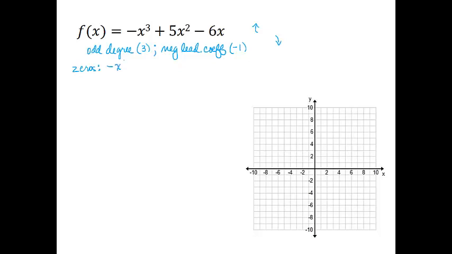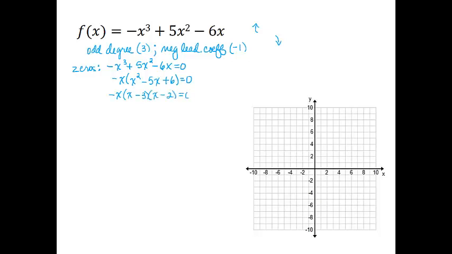If we find our zeros, we're going to let -x cubed plus 5x squared minus 6x equal 0. We will solve this by factoring. There's a common factor of -x. Dividing by -x leaves x squared minus 5x plus 6 equals 0. Factoring x squared minus 5x plus 6, we need to find the factors of 6 whose sum is -5, and that will be -3 and -2.